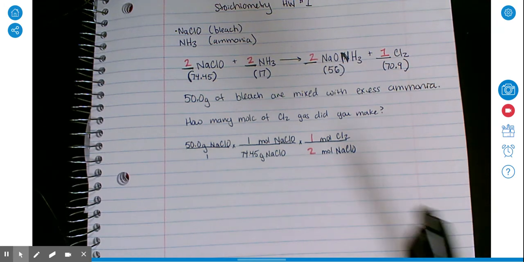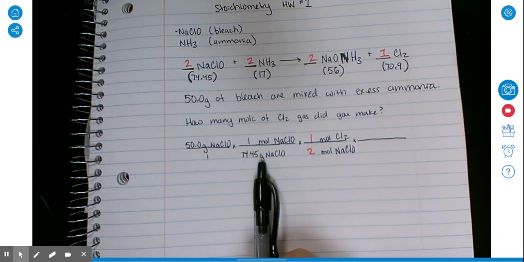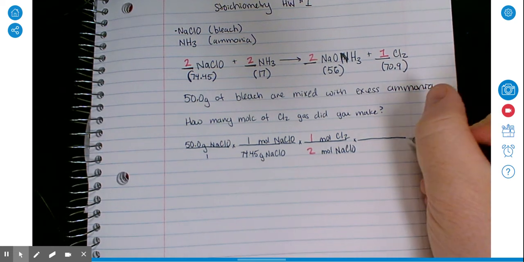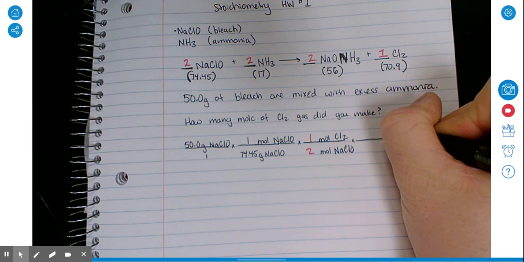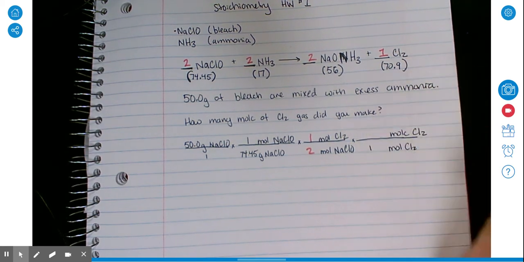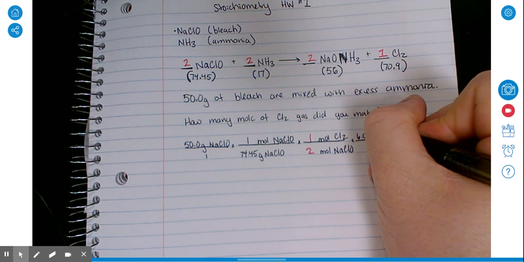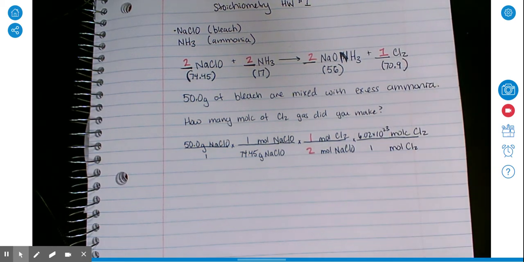And I was asked to go all the way to molecules. Grams to moles, you get a lot of practice with that one. You know that's molar mass, but it's important to remember moles to molecules is Avogadro's number. So 1 mole is 6.02 times 10 to the 23rd molecules of Cl2.